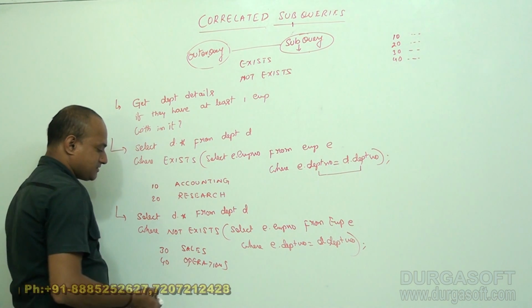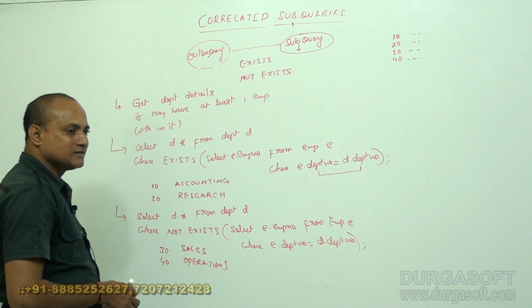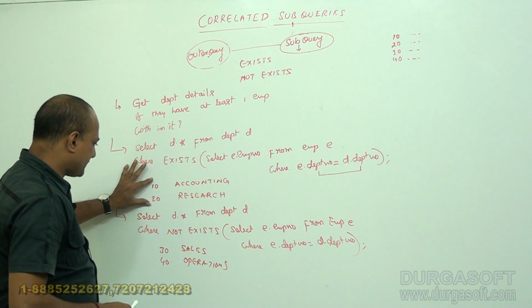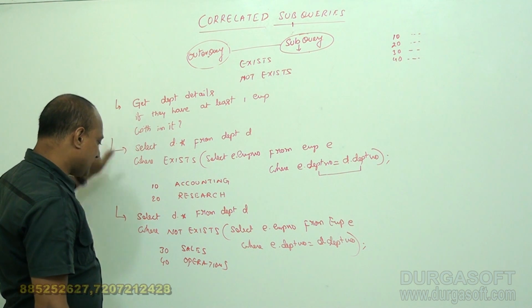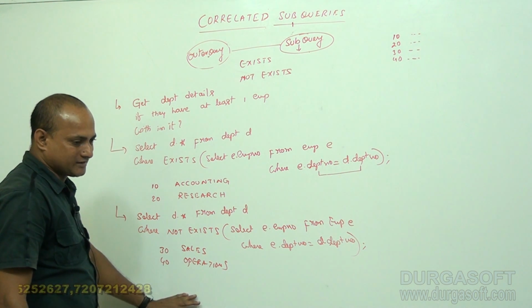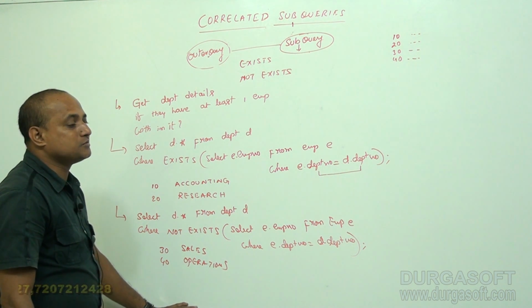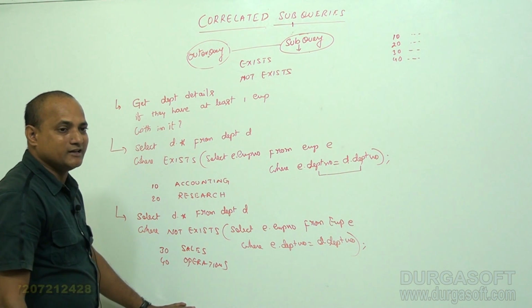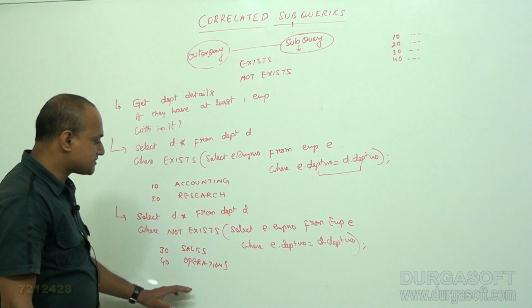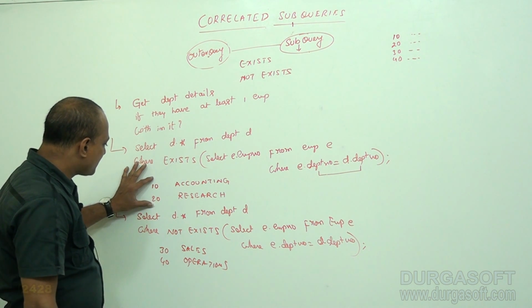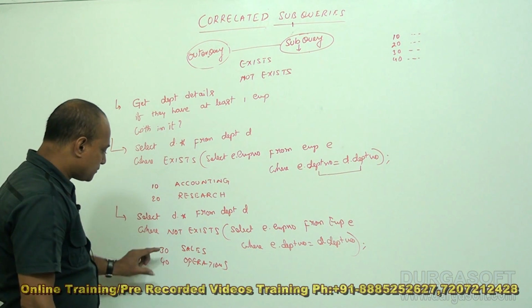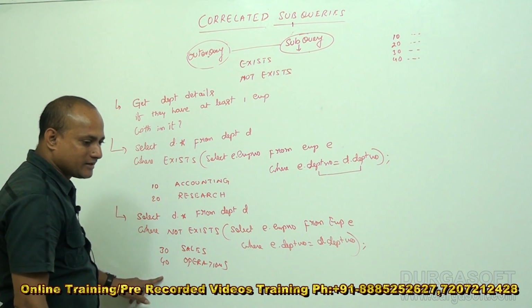Okay, remember this. Let us assume under 10 and 20 some employees are there, and under 30 and 40 no employees are there. So don't try this query with your default tables EMP and DEPT. If you try like that, it will display only the 40th department details. Why?